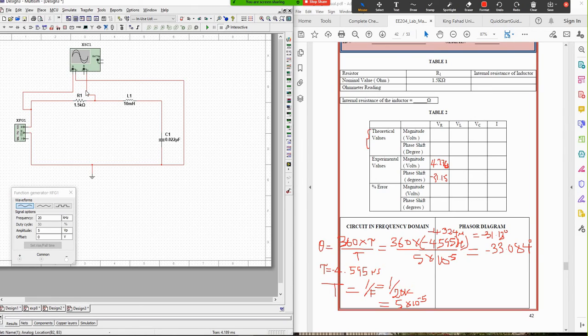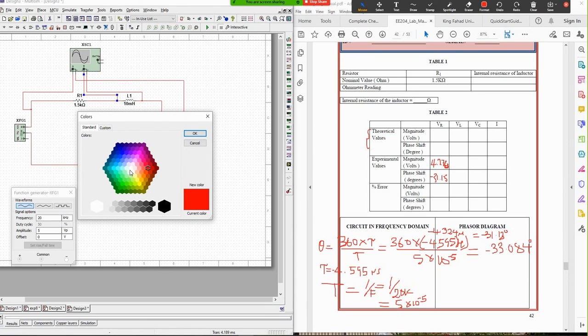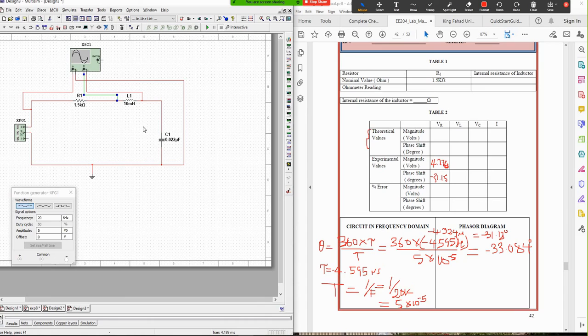I can click on it and then press delete to delete it. Then I will connect the positive to the first part of the inductor, then the negative will be taken to the second of the inductor, and we right click on this positive terminal so that I can change the color to green.